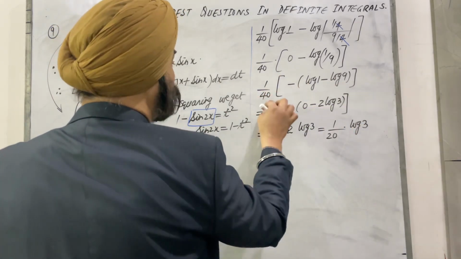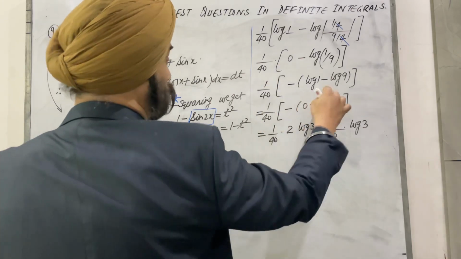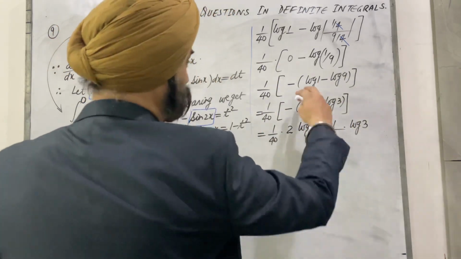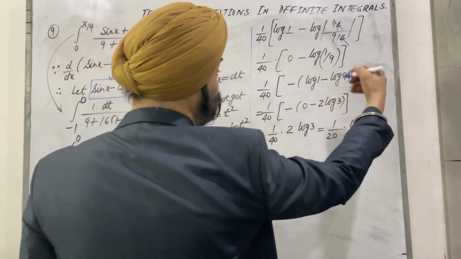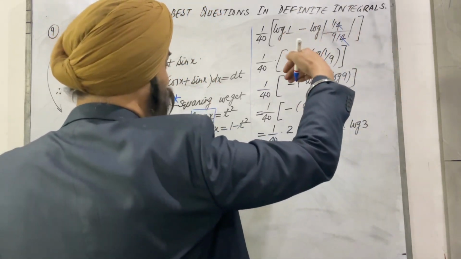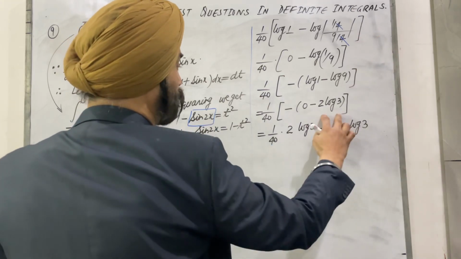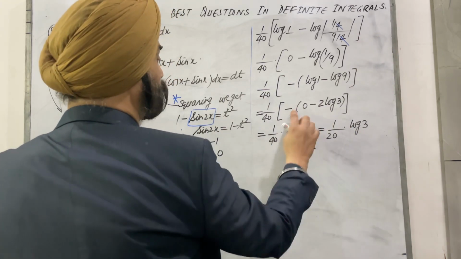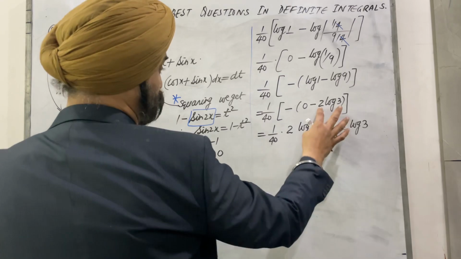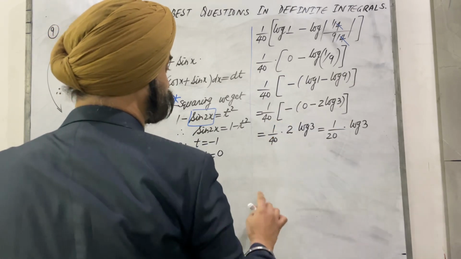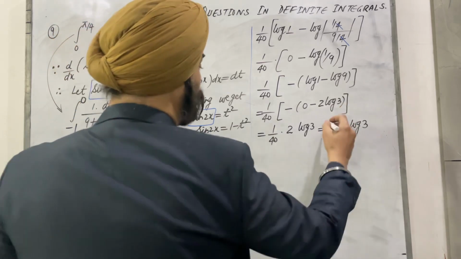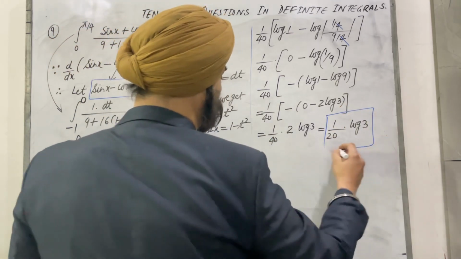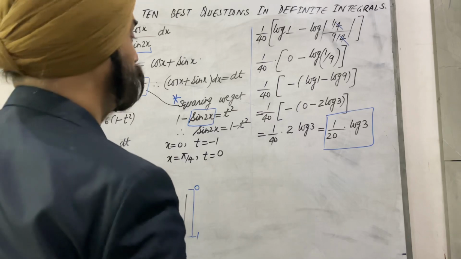Your answer can be 1 upon 40 log 9, or if I further simplify it, opening this bracket, we get minus minus plus. This 2 divided by 40 makes 1 by 20 over here, and log 3. So your final answer in this case comes out as 1 upon 20 log 3.